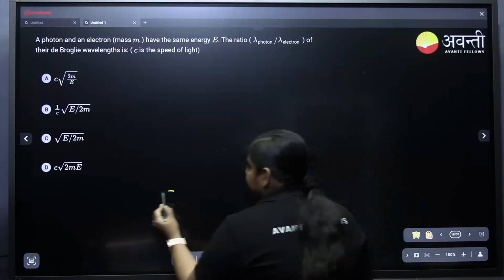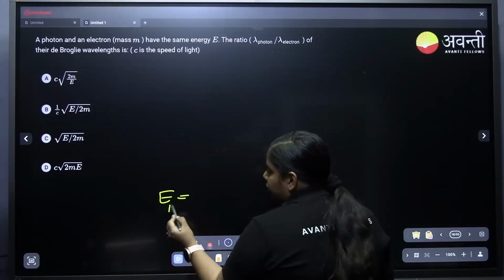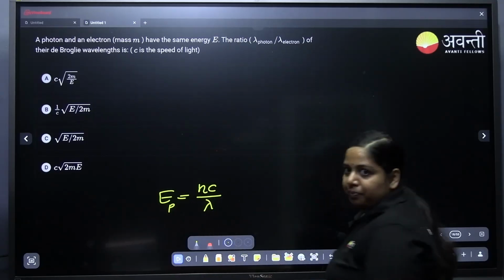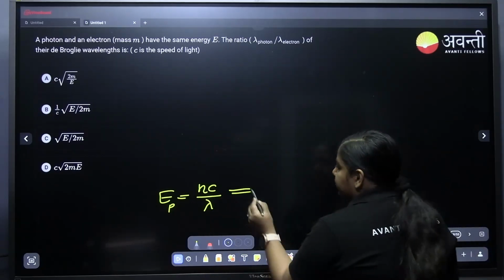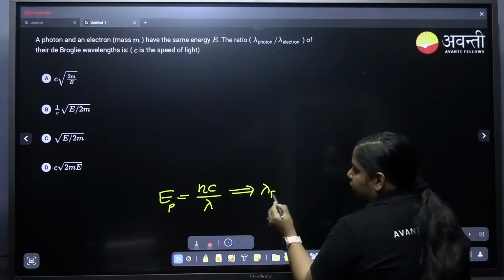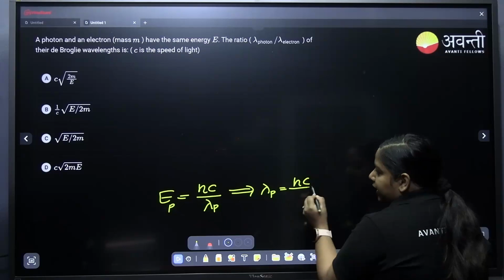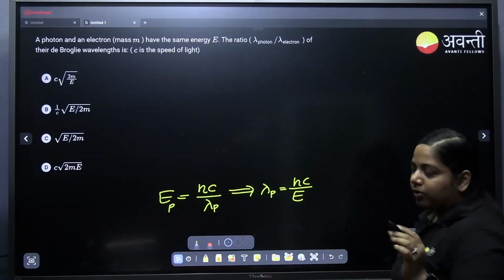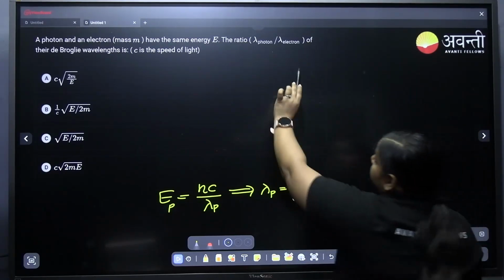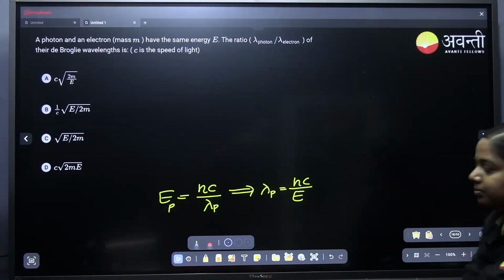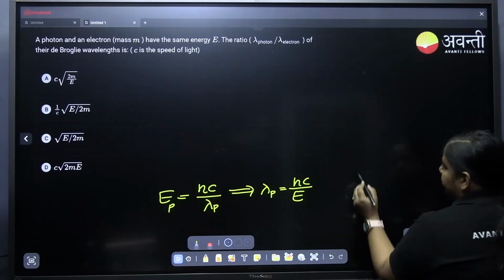From energy we know that the energy of a photon is equal to hc by lambda. So from this we will get lambda of photon is equal to hc by E. Similarly, for lambda of electron, how can we find it?